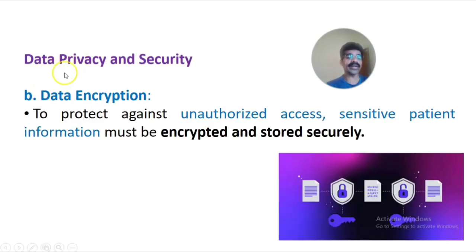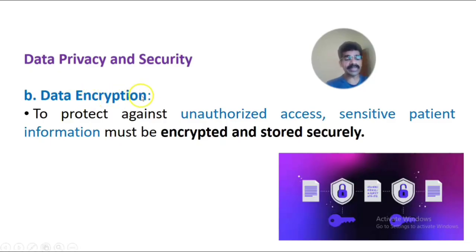The second component under data privacy and security is data encryption. That is nothing but protecting against unauthorized access to the patient information or data. Sensitive, delicate information of the patient must be encrypted and stored securely, so that no person can go inside and collect that sensitive patient data.